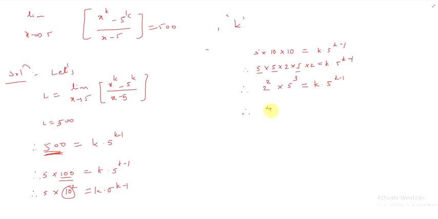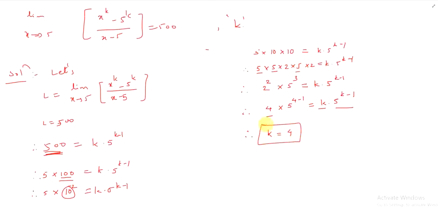That is 4 into 5 raised to 4 minus 1 is equal to k into 5 raised to k minus 1. So if we compare these terms, then by equality we can say that k is equal to 4.